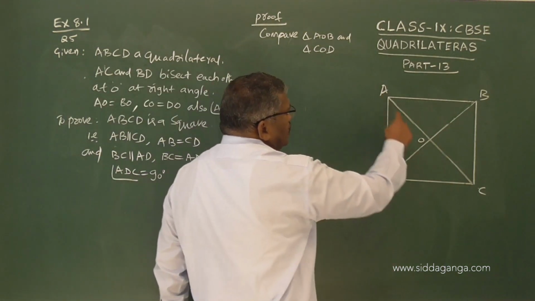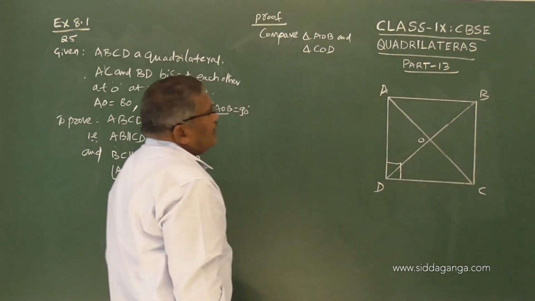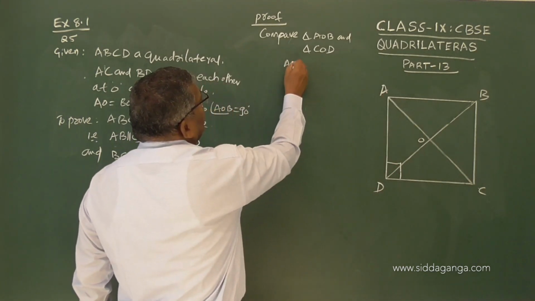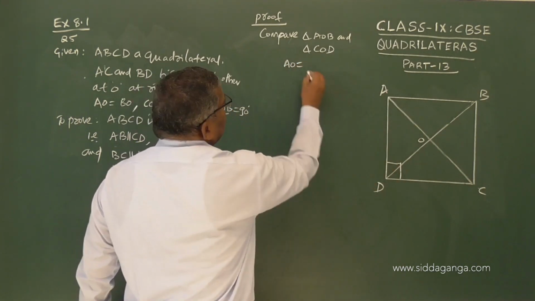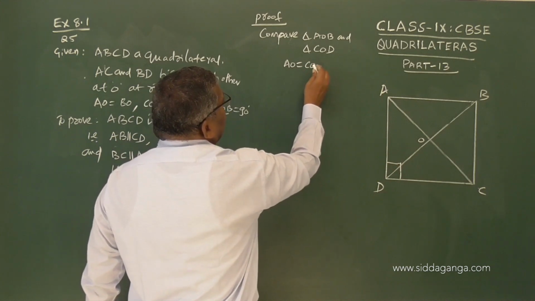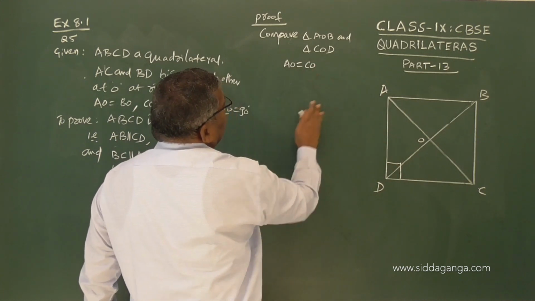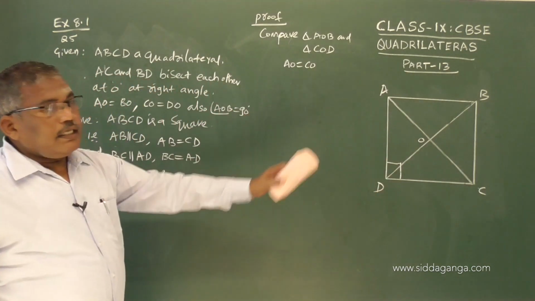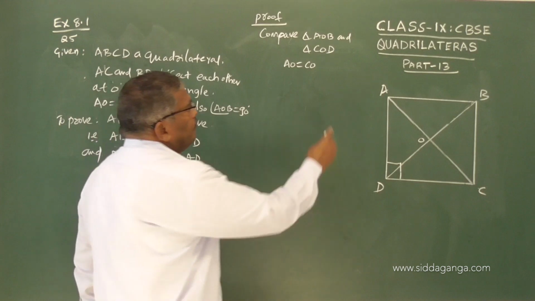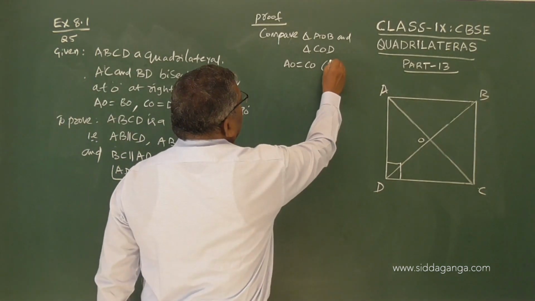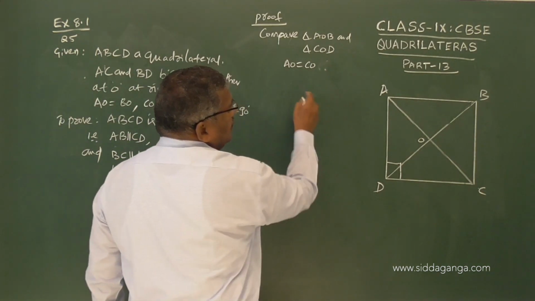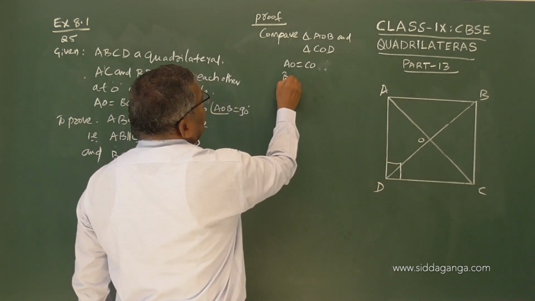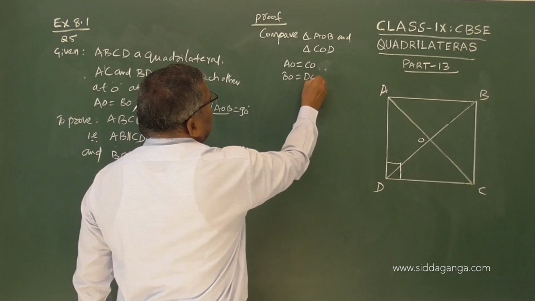So, in these two triangles AOB and COD, we have AO equals CO. Both are same because it is given diagonals are bisected by O. So, not only that, in these two triangles, BO equals DO.